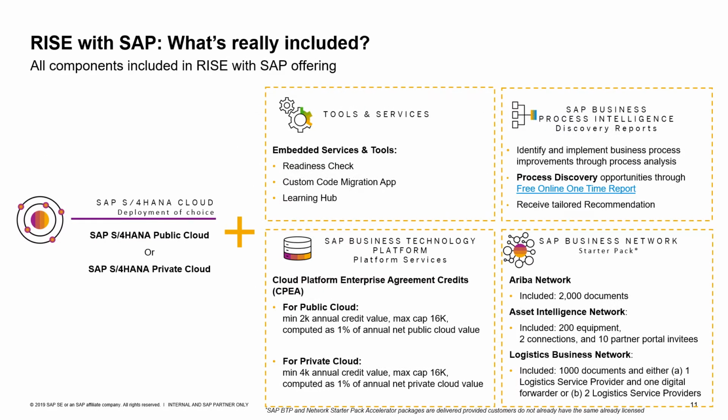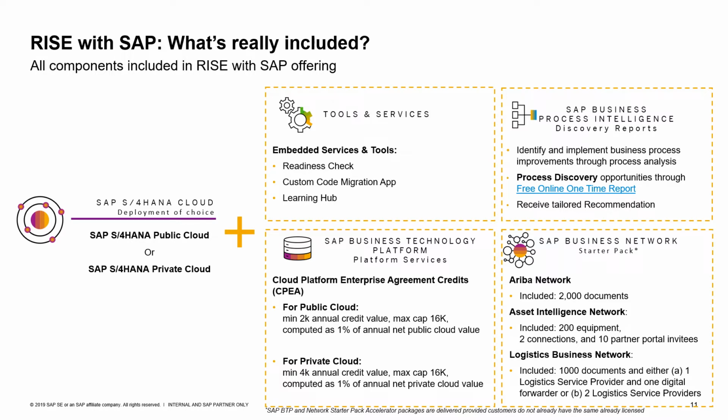Let's dive a little bit deeper in terms of the RISE with SAP offer and what's really included. So you can see on the left, we have our S4HANA cloud deployment choices, SAP S4HANA public cloud or S4HANA private cloud. So you have the core ERP solutions, the line of business and industry capability add-ons, and so on and so forth.